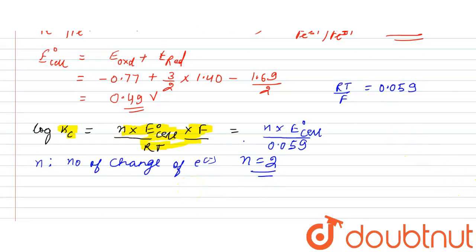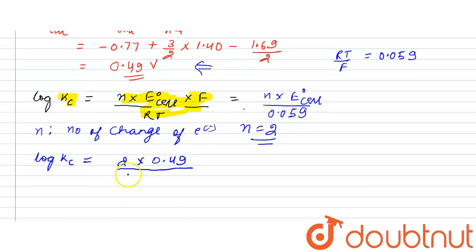So when the value of n equals 2, the formula becomes: log of Kc equals 2, since the change in electrons is 2, times E naught of cell, which we have already calculated as 0.49, divided by 0.059, as given. This is the formula.